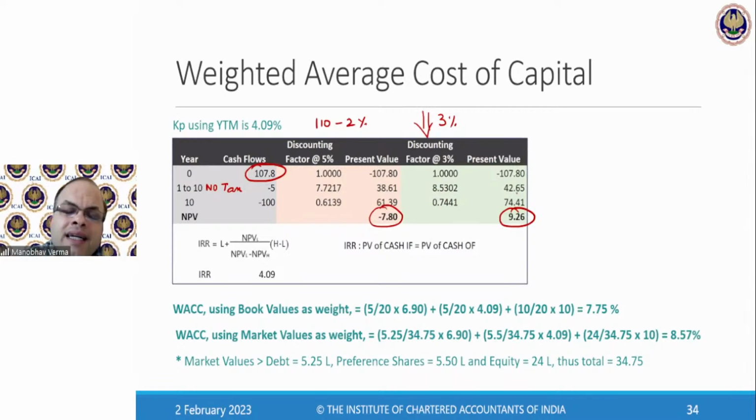Prachi, coupon rate refers to interest rate. Coupon rate is nothing but the interest rate that will be paid out. Remember, we discussed on Tuesday some terms, right? There I told you interest rate or coupon rate, which will be paid. Okay, so using the same formula of YTM, the cost of preference share becomes 4.09.